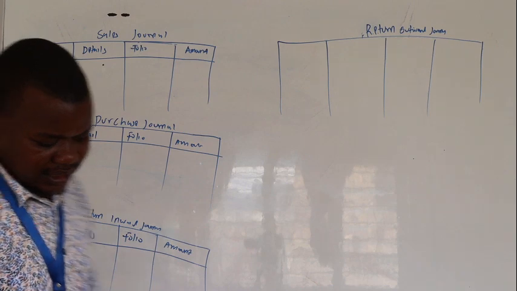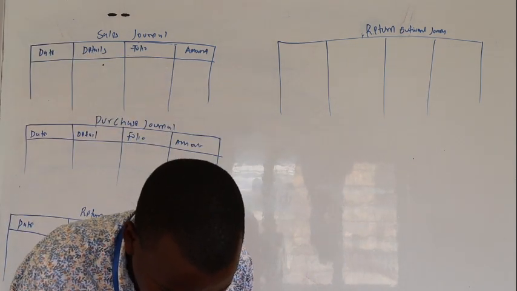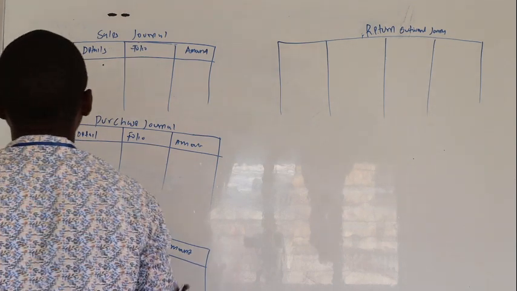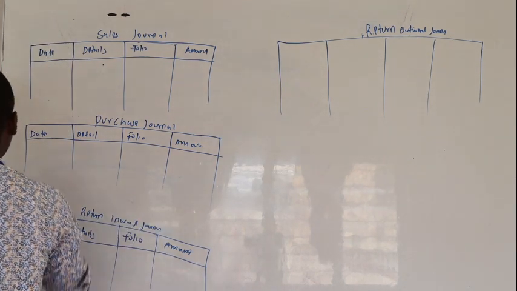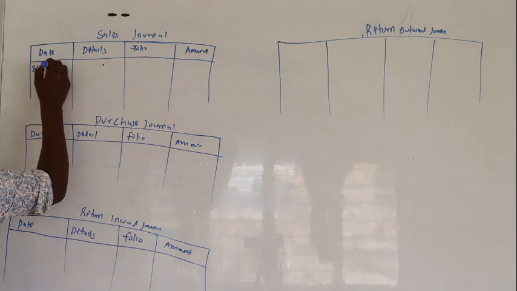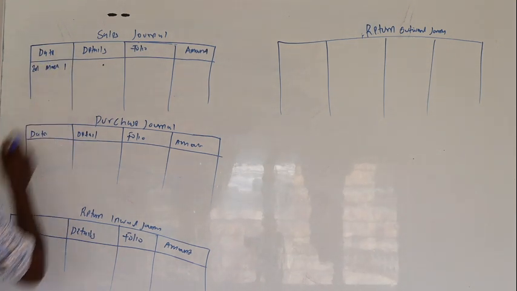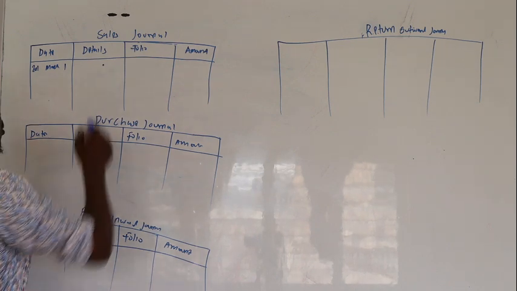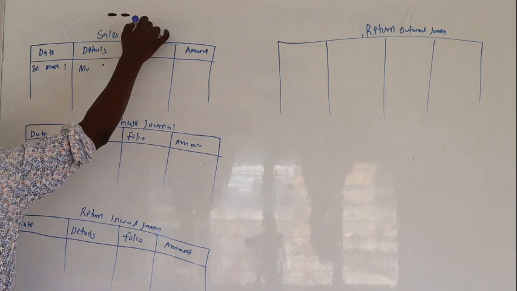So day one, we were taught that it was 2011 March, tarehe moja, credit sales. So credit sales to Musau. Musau is a debtor.